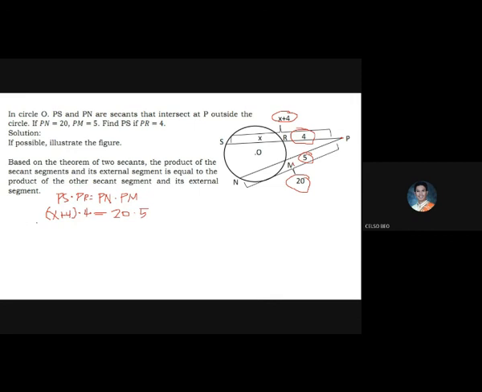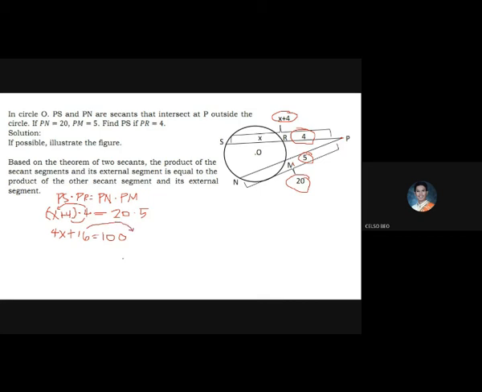So ngayon, ang gagawin natin dito sa PS and PR. So yung 4 sa labas ng parentheses, distribute natin sa loob. So 4 times x, it will give you 4x. Okay? Then plus 4 times 4, it will give you 16. Equals. So 20 times 5, magkakaroon tayo ng 100. Okay. So, next process natin, dahil meron tayong 16 dito, transpose natin siya sa right side.